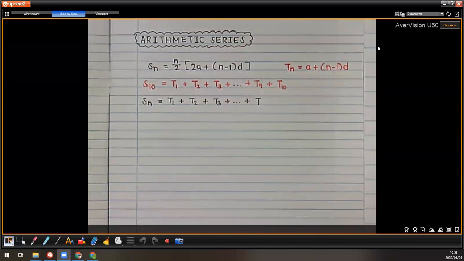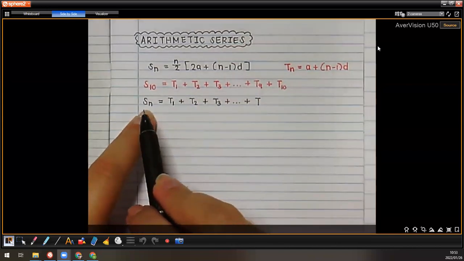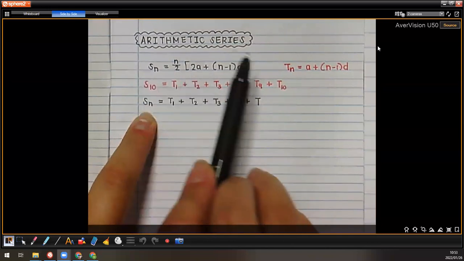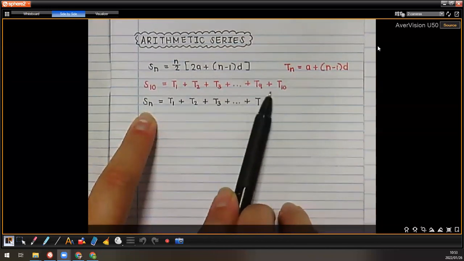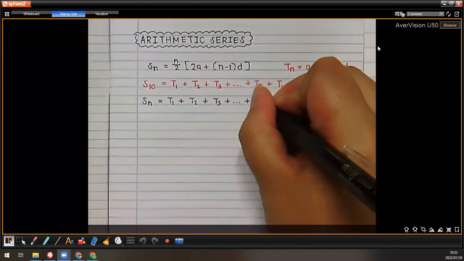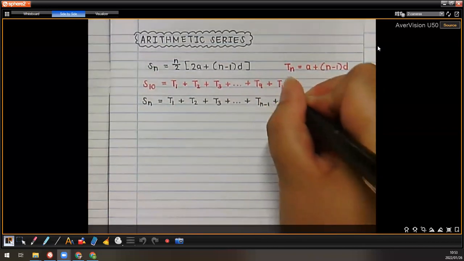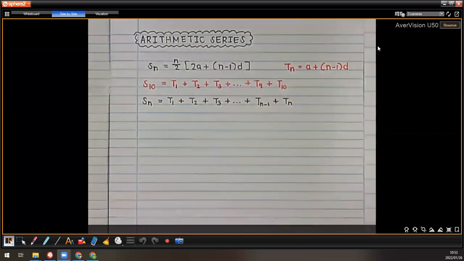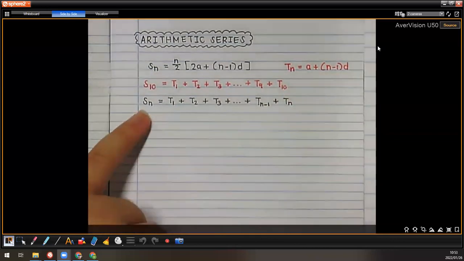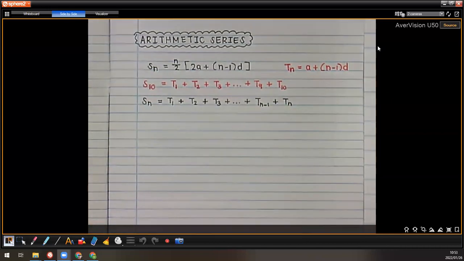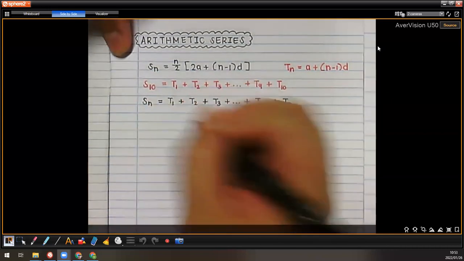If you are finding the sum to n terms, that means that you have n terms in this number pattern. So the last term is going to be term n. The second last term is going to be term n minus 1. If there are n terms that we're adding together, the last one that we will be adding is term n.